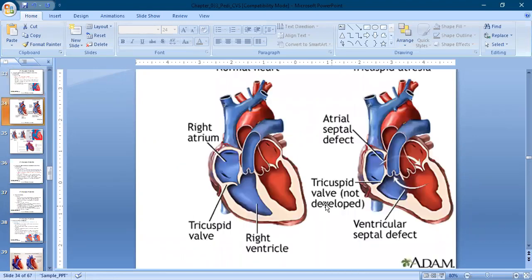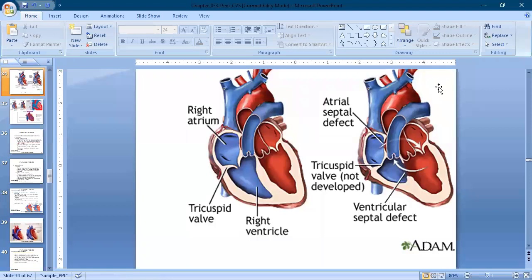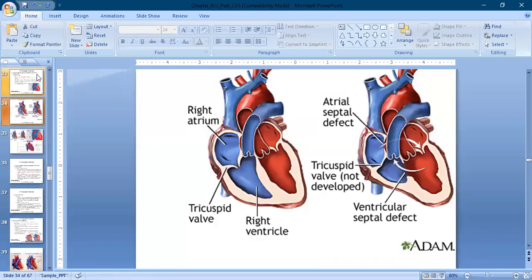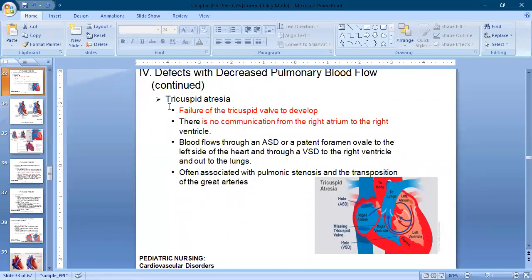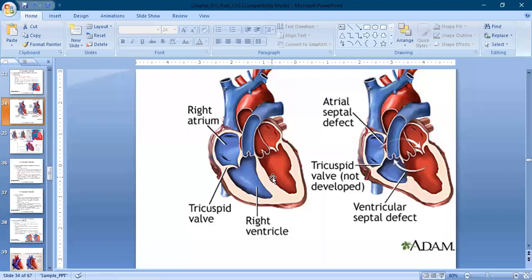In this picture, this is the right atrium and this is the right ventricle. Here is the tricuspid valve defect, right? So going back here, the picture shows the right atrium and the right ventricle.